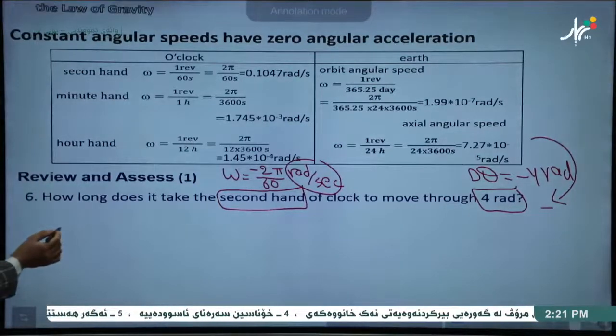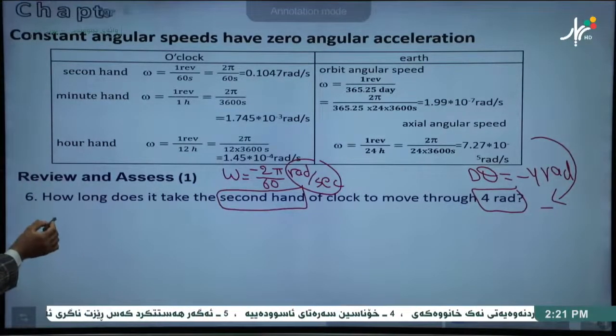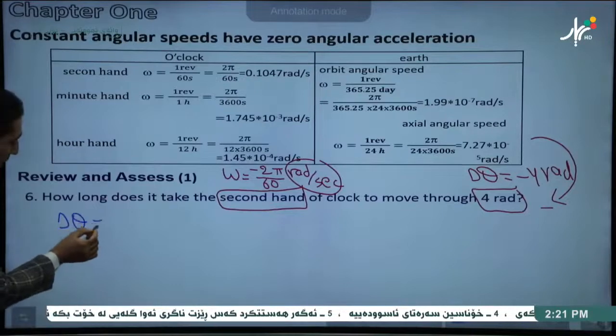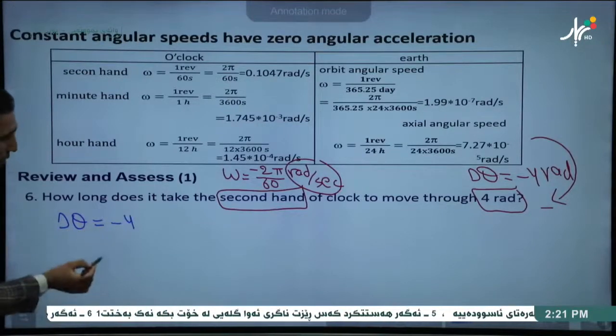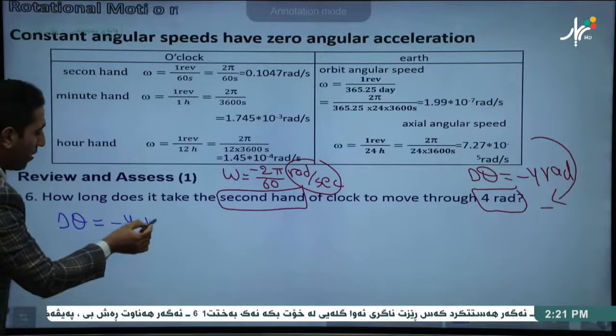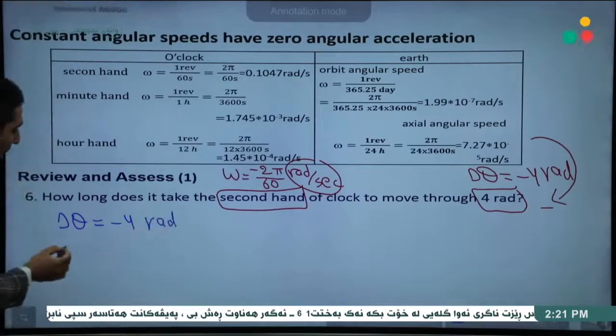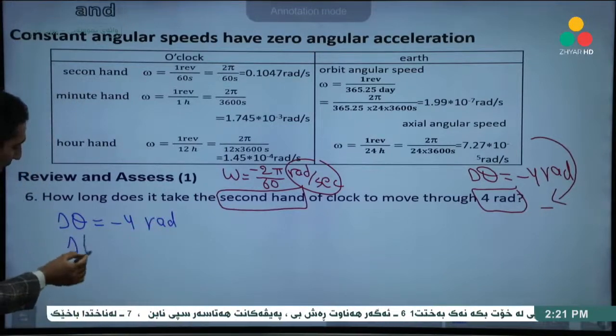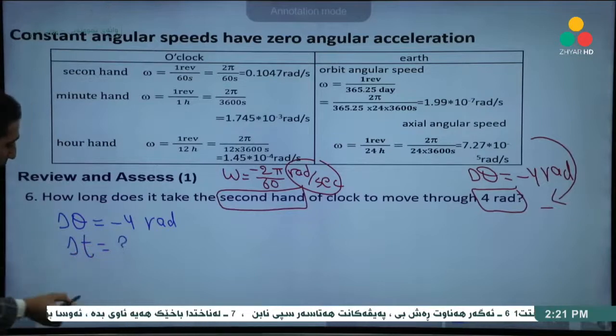Given and unknown: delta theta, the angular displacement, is equal to negative 4 rad, and find delta t.